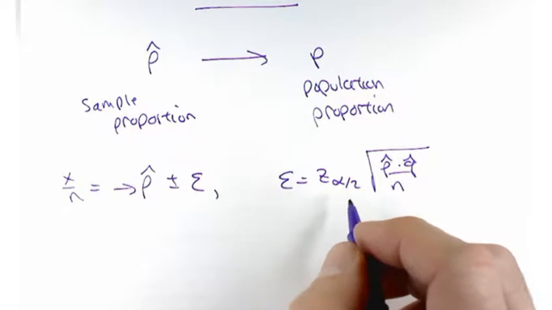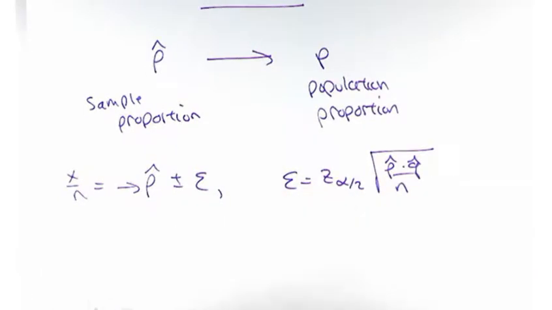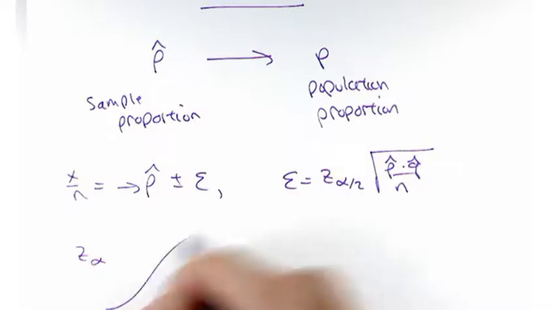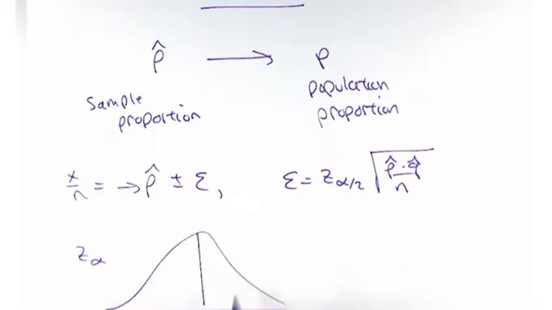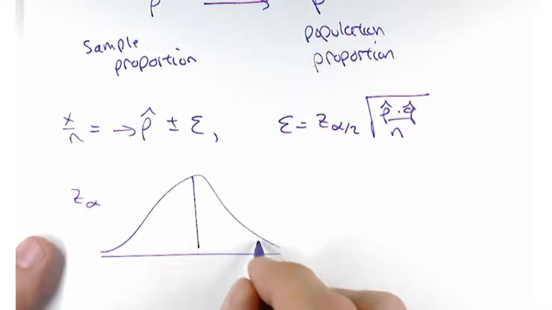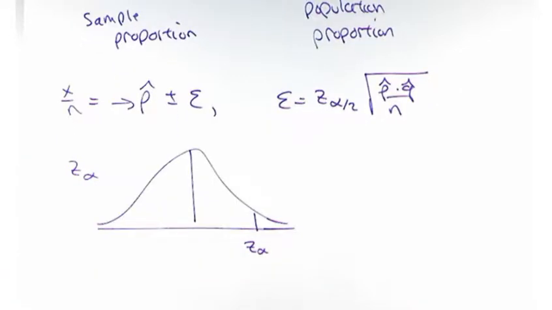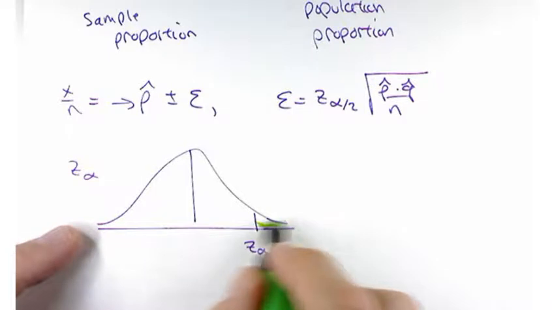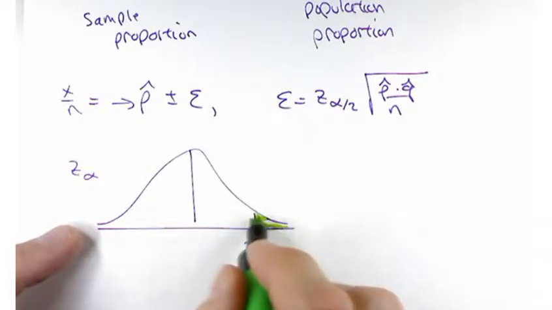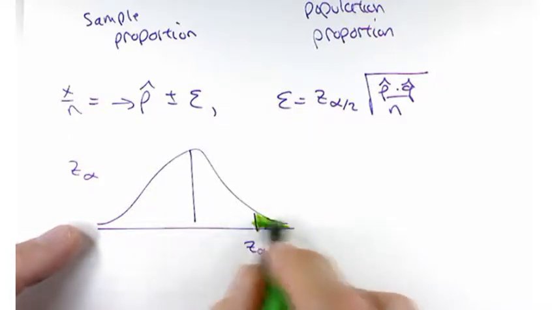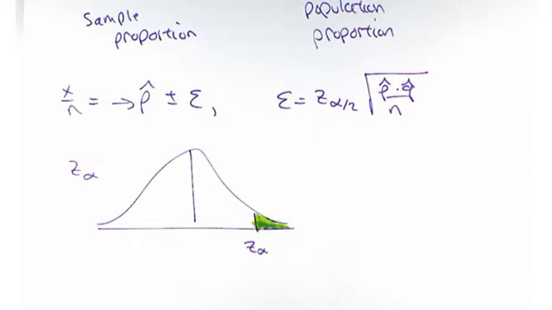Z sub alpha over 2, or just Z sub alpha. Let's start with that. Z sub alpha is going to be the point on the normal distribution with an area of alpha in the right tail. So right here in the right tail, the total area is going to equal alpha.